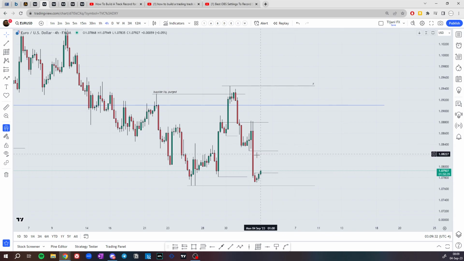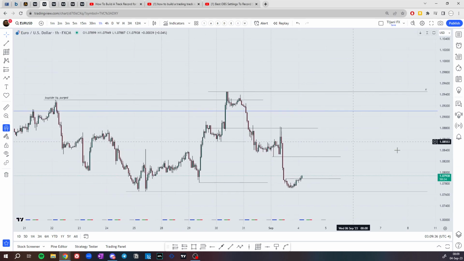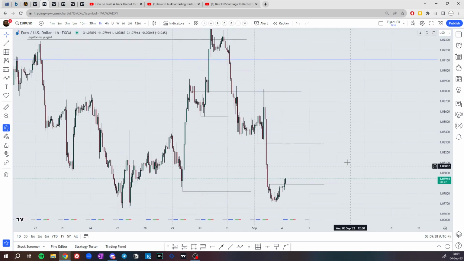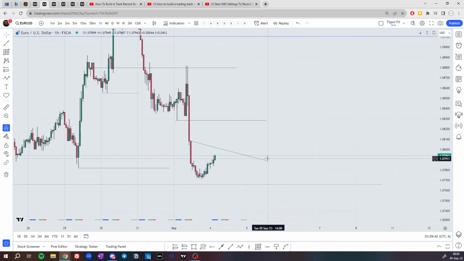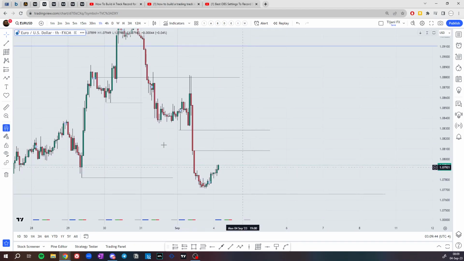It's easy. So on the 1 hour time frame, what are we expecting? We see that we have this 1 hour fair value gap right here. I'm expecting price to fill this fair value gap.